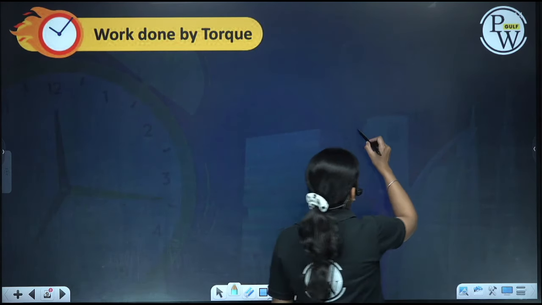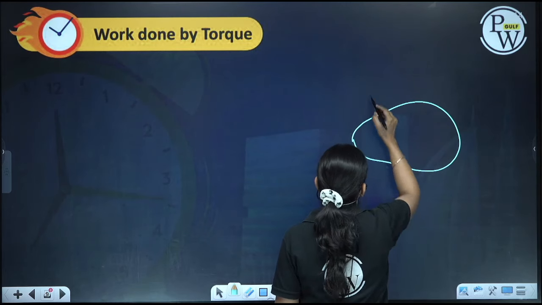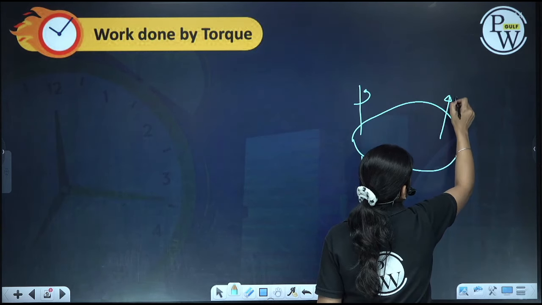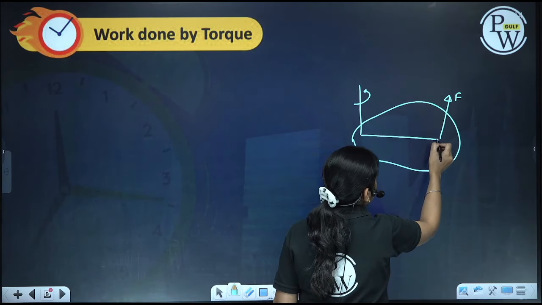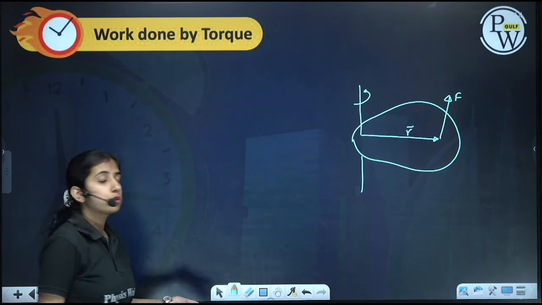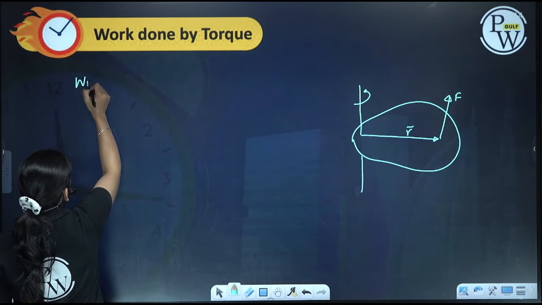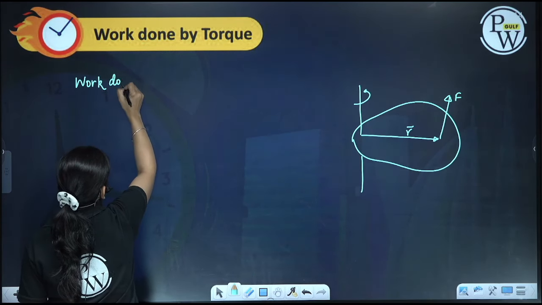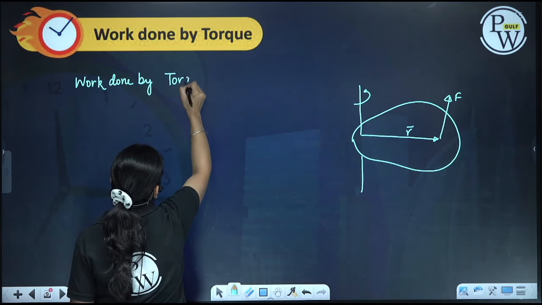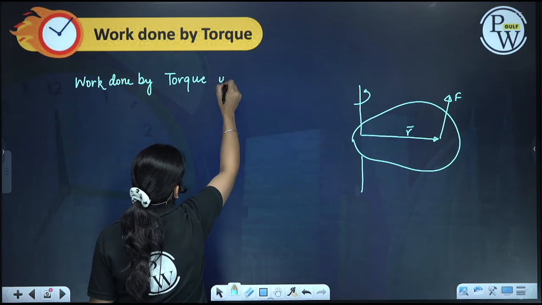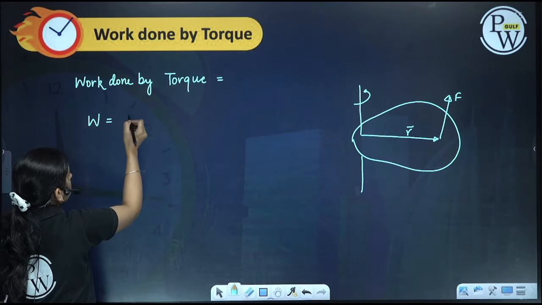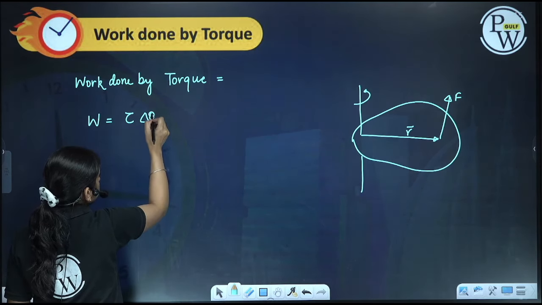Suppose we have a body which is rotating about this axis. We apply any force F, and a torque will be acting. So this body is rotating under the action of the torque tau. So work done by torque in rotating is equal to torque into angular displacement.